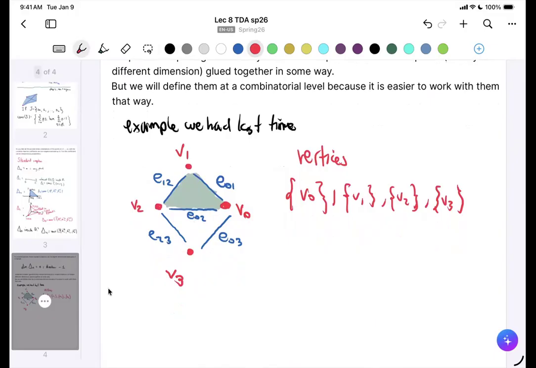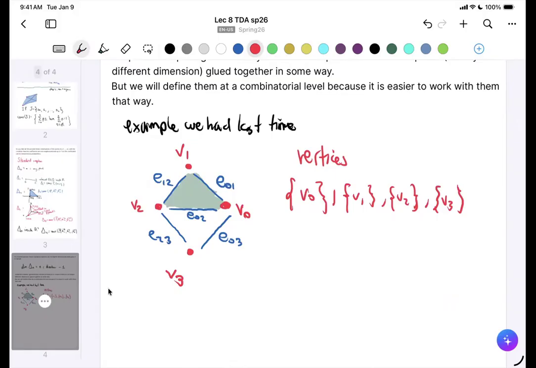And then you have the edges, right? To refer to the edges, because it's combinatorial data, there's no geometry. You have to think that the edges are determined by their endpoints. So you just refer to each edge as a list of two numbers, or vertices, which are its endpoints.